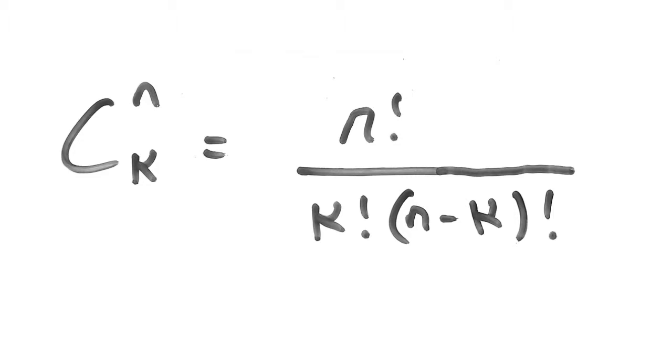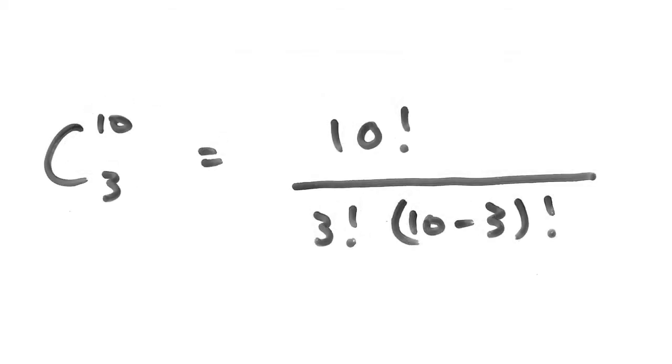The top line of the formula is N, and it looks like an exclamation mark, but in mathematical terms it's called factorial. N factorial. On the bottom line we have K factorial multiplied by N minus K in brackets factorial. What does this mean in relation to our question? We again are selecting a group of 3 from a group of 10.